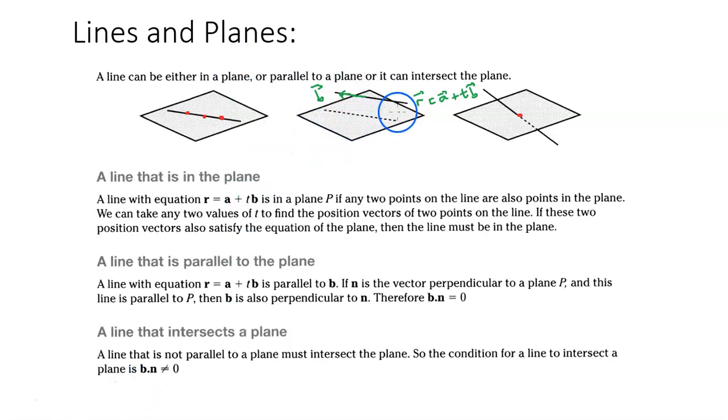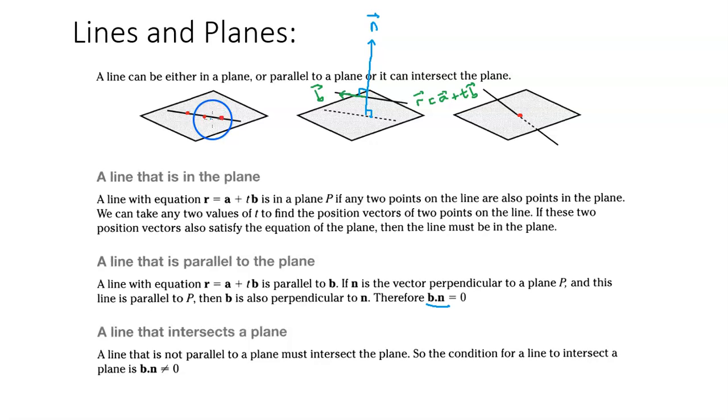Then the plane is going to have a normal vector, which we can calculate using the cross product. And this normal vector is orthogonal to every single vector that is contained within the plane. But if the line is parallel to the plane, it must also be orthogonal to the direction vector of the line. So therefore, we must have that b dot n is equal to 0.